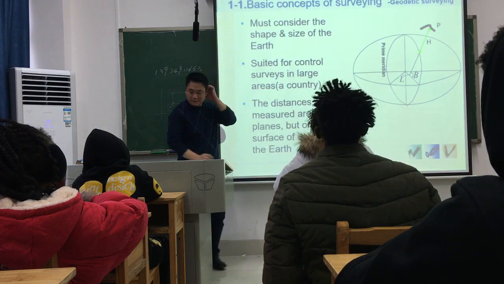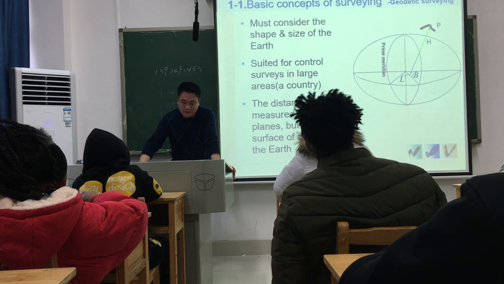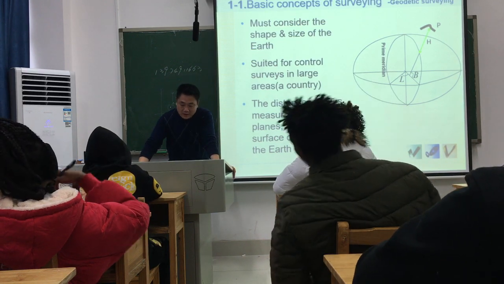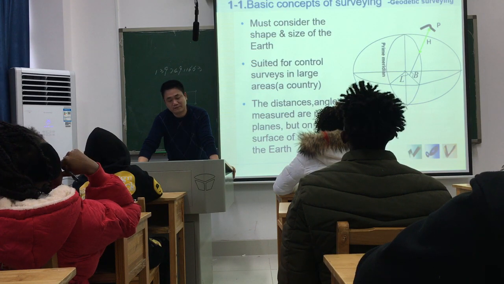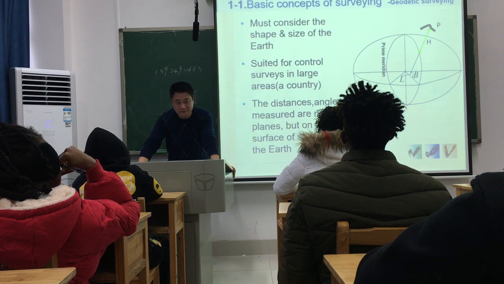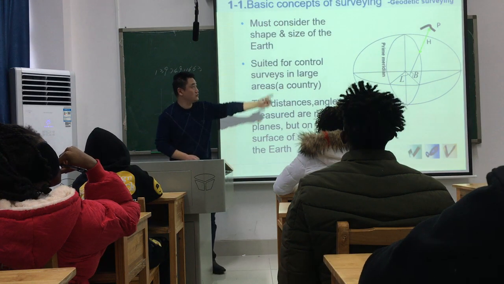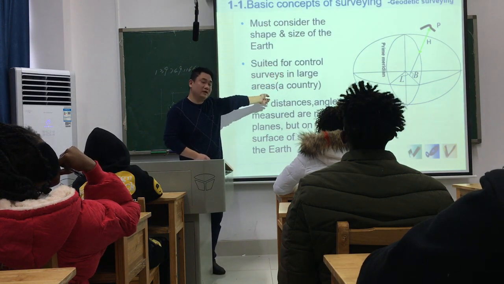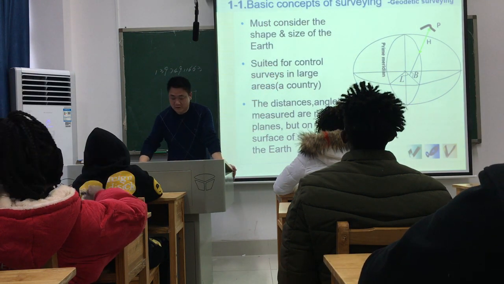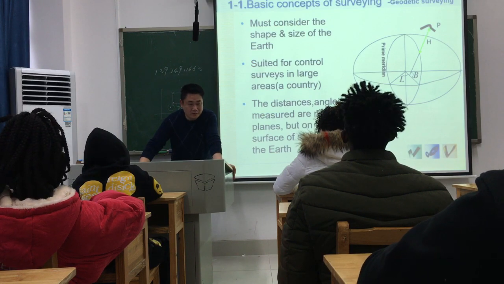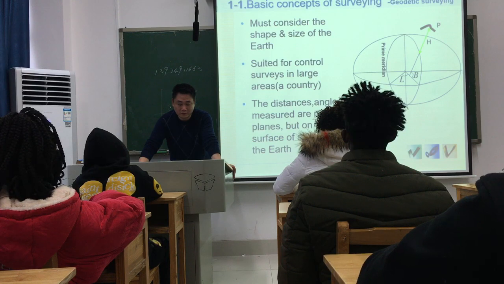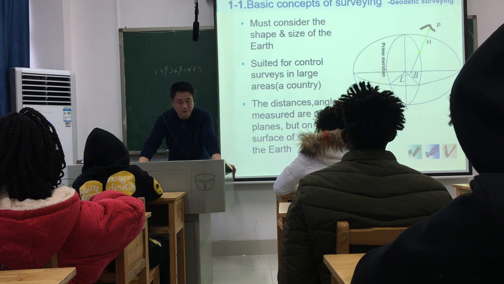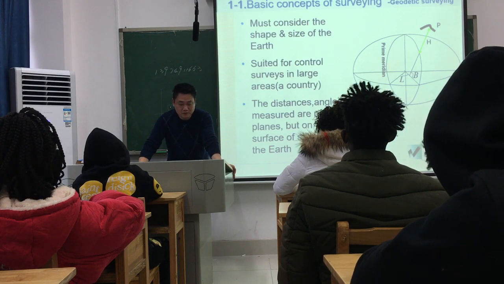In most countries, they classify survey and mapping into two branches: geodetic survey and plane survey. For engineering purposes we do plane survey, and for a country we do geodetic survey.